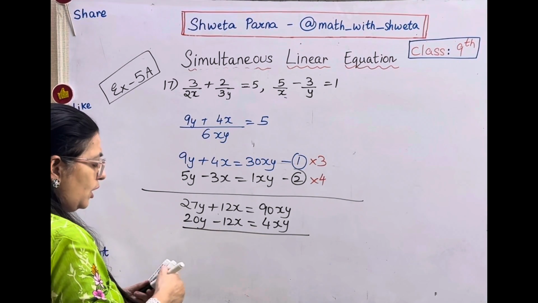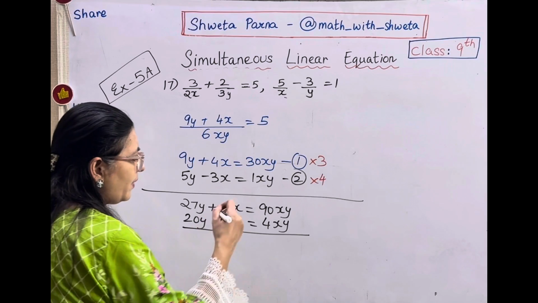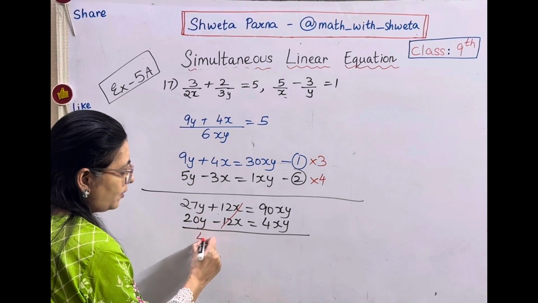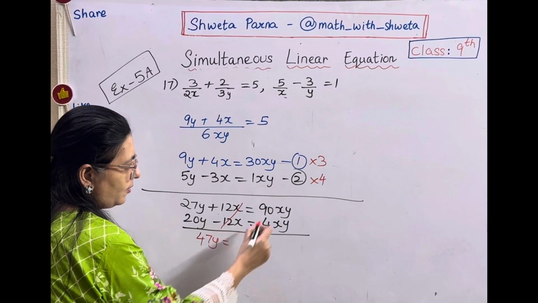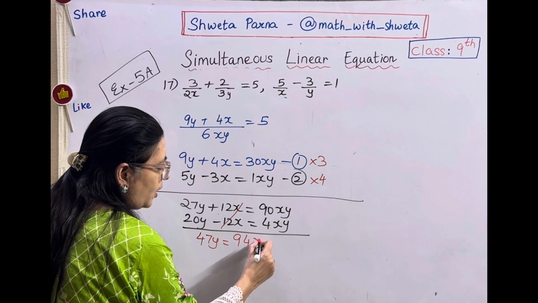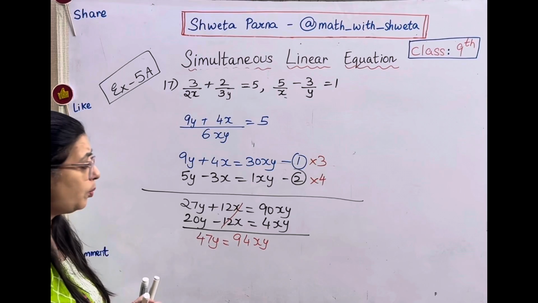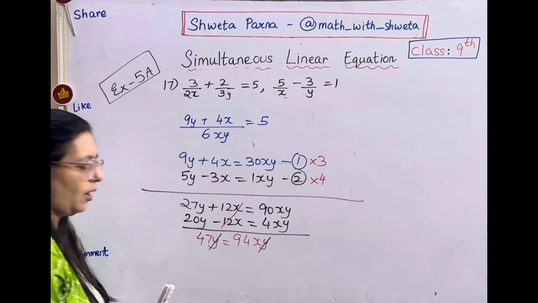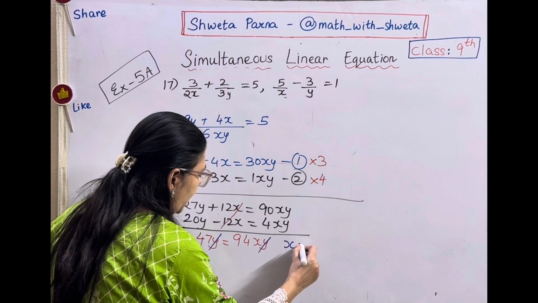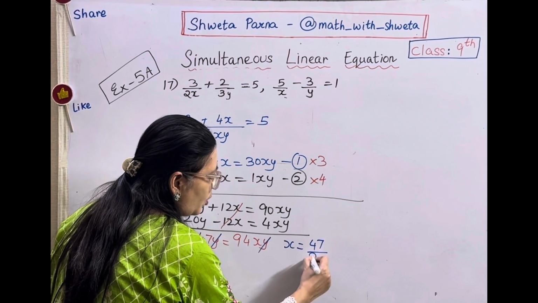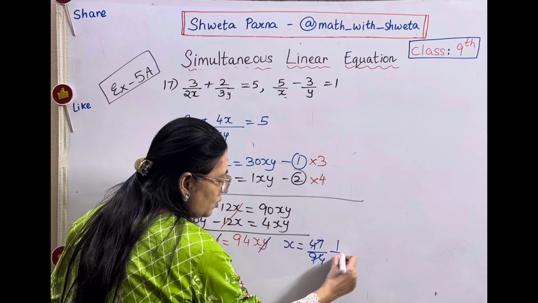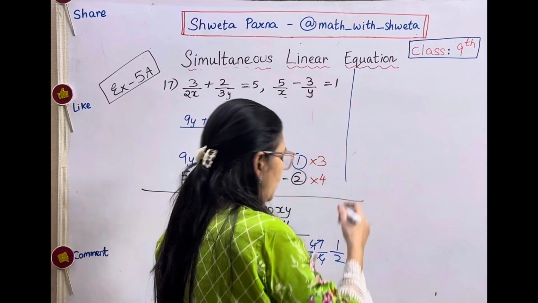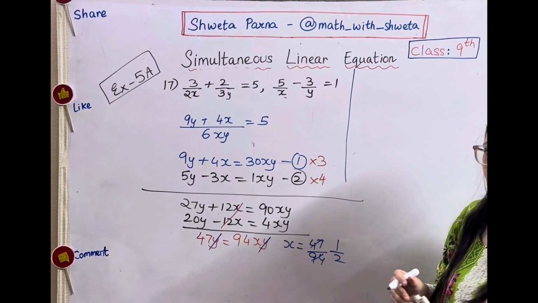What will happen? 12x minus 12x gets eliminated. 27y plus 20y is 47y is equal to 94xy. Both the sides you have y, so you can just write this y out. So now the value of x is 47 upon 94, which is 1 upon 2. Now let's use this value to get the value of y.